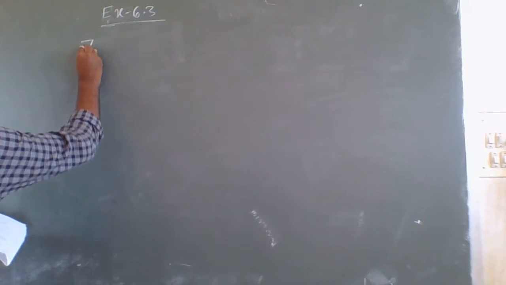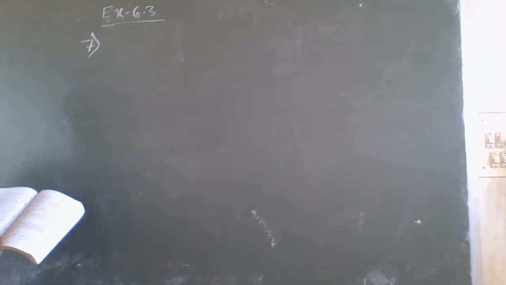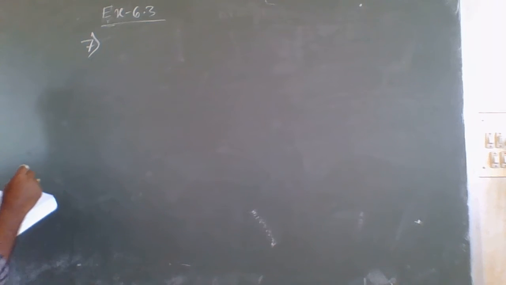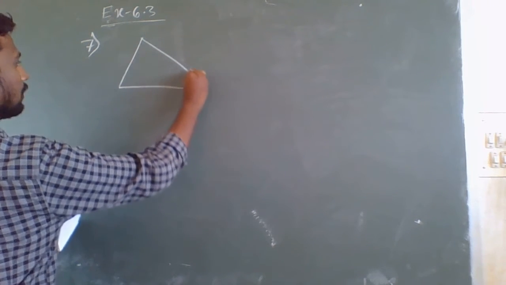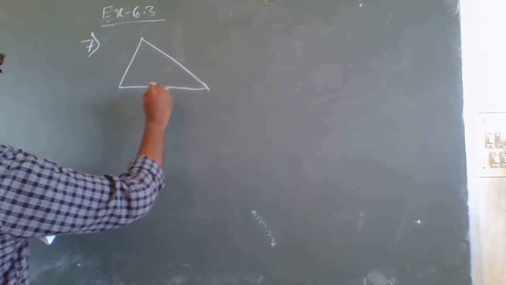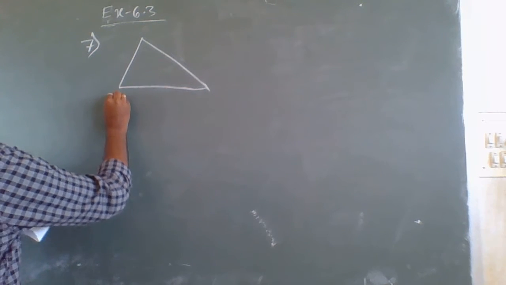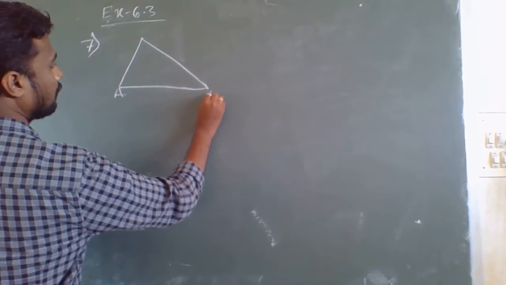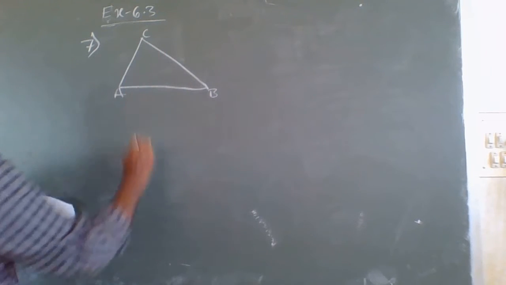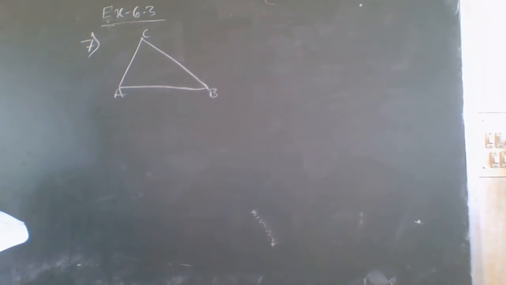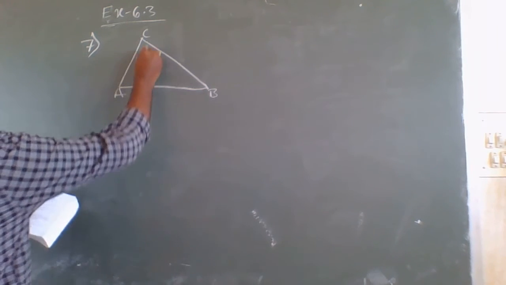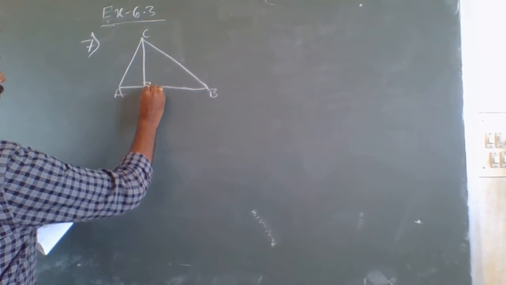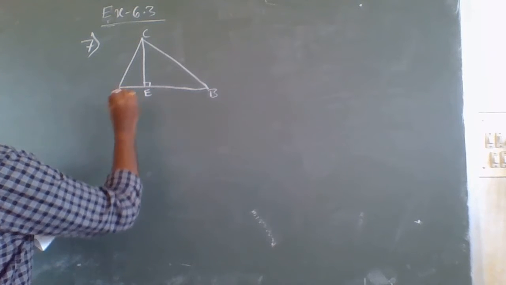For the seventh problem also they are given a diagram. Triangle ABC. This is the triangle ABC, and this is a perpendicular line CE.